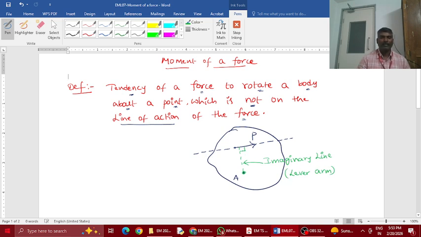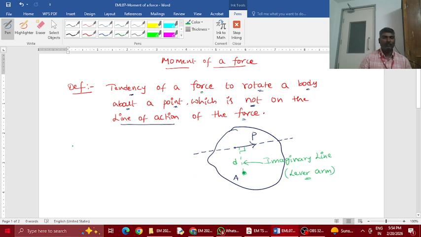Okay. So the imaginary line drawn from the point A perpendicular to the line of action of the force is called lever arm. So we have defined what is lever arm also. So let us say this distance, this perpendicular distance is d.